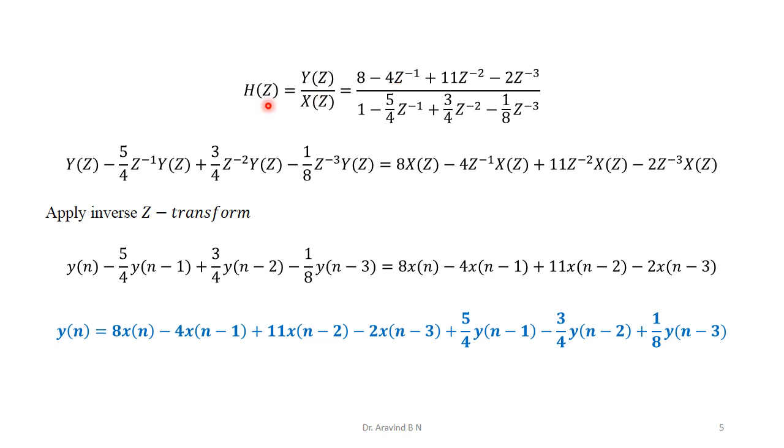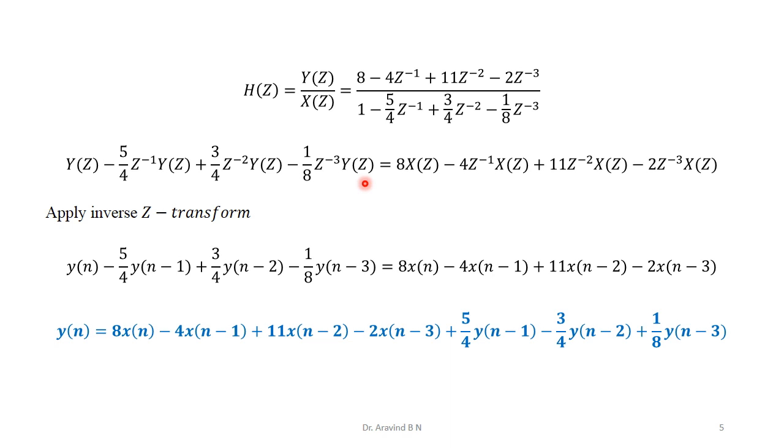So H of z can be represented as Y of z divided by X of z, which will be equal to this representation. Now perform the cross multiplication. So this denominator will be completely multiplied with Y of z and X of z into this numerator. That is represented over here. After cross multiplication, this is what we are going to get.